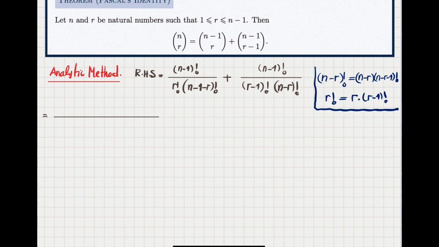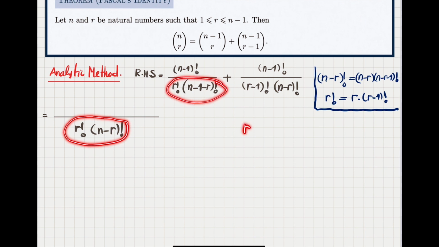Exactly, thank you. So this is r factorial, because r factorial not only has this in itself, it also has this one in itself, and the same thing for this one, as you said. Thank you very much. So it becomes n minus r factorial. But if I want to see what happens in my head, I need to divide this by that.